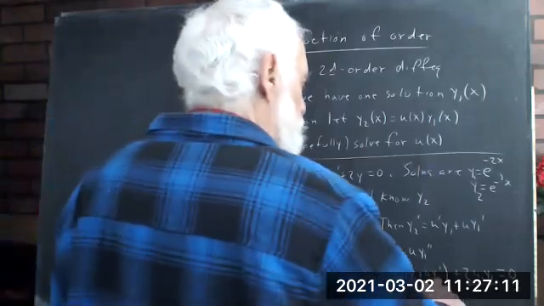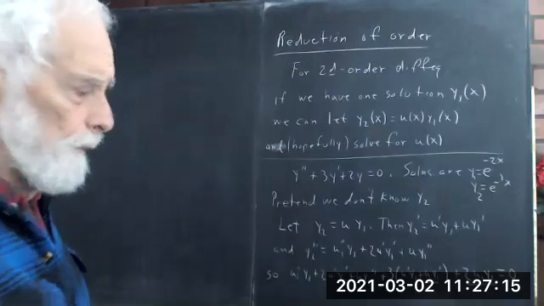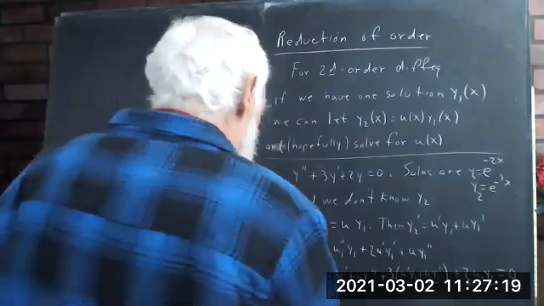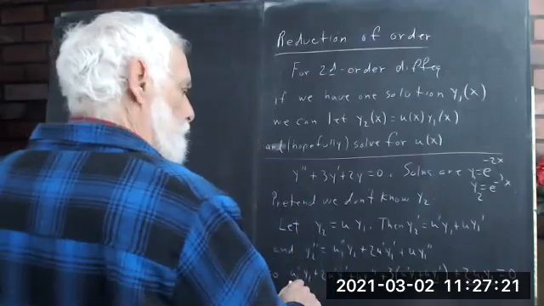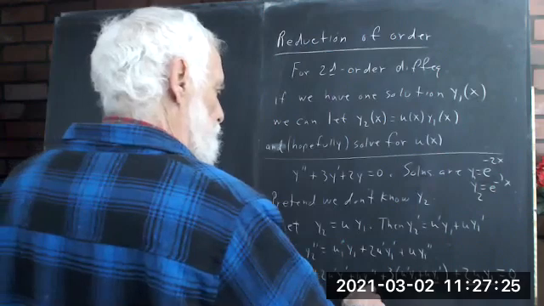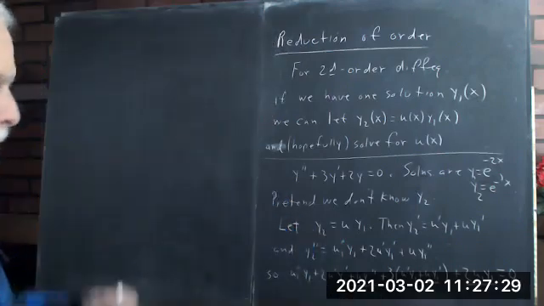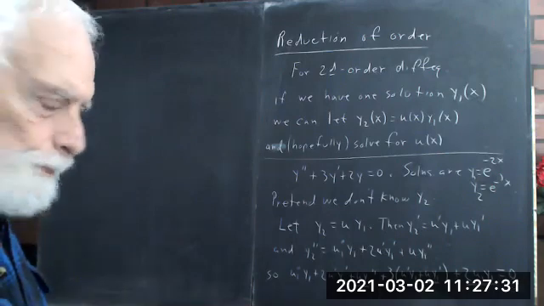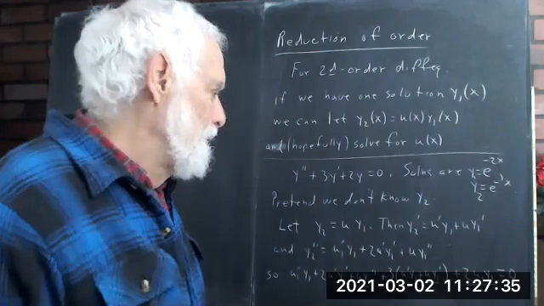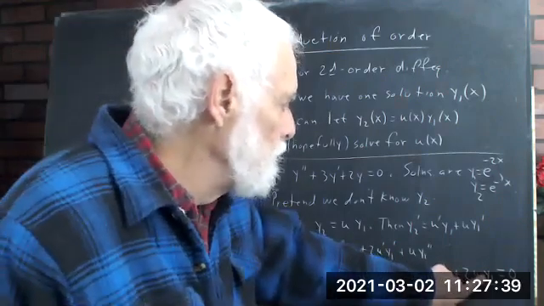And from this, you're going to get 3u y1 prime. And from this, you're going to get u y1 double prime. And notice that it's not u1 here, it's just u.